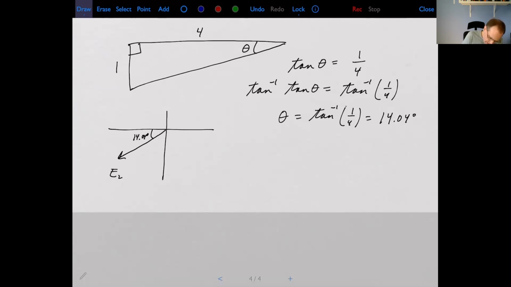This is my E2. And I really want to find its components, right? I want to write it in vector form. So in component form, if I project onto the x-axis, this distance is E2x. If I project onto the y-axis, this is going to be E2y.